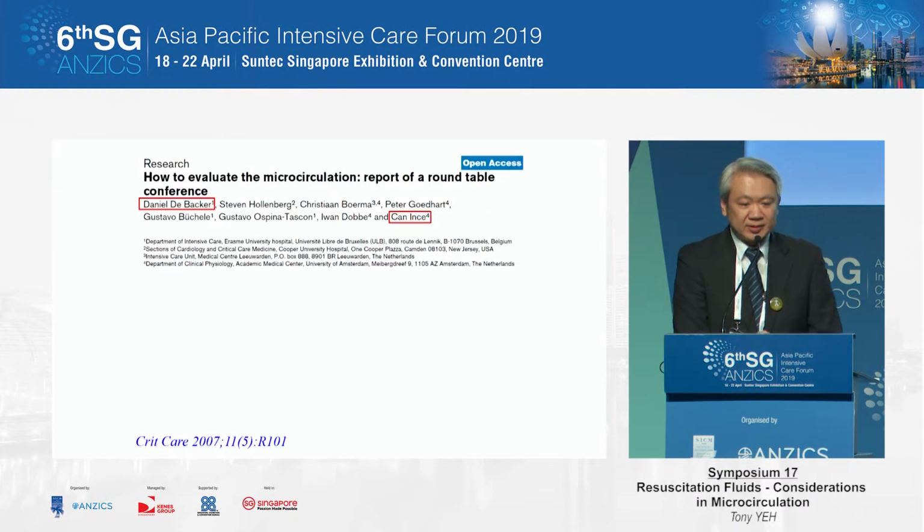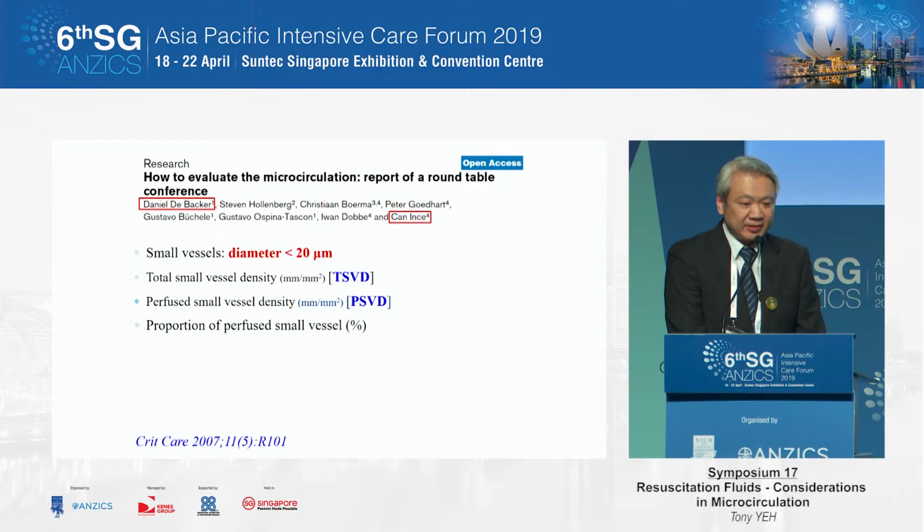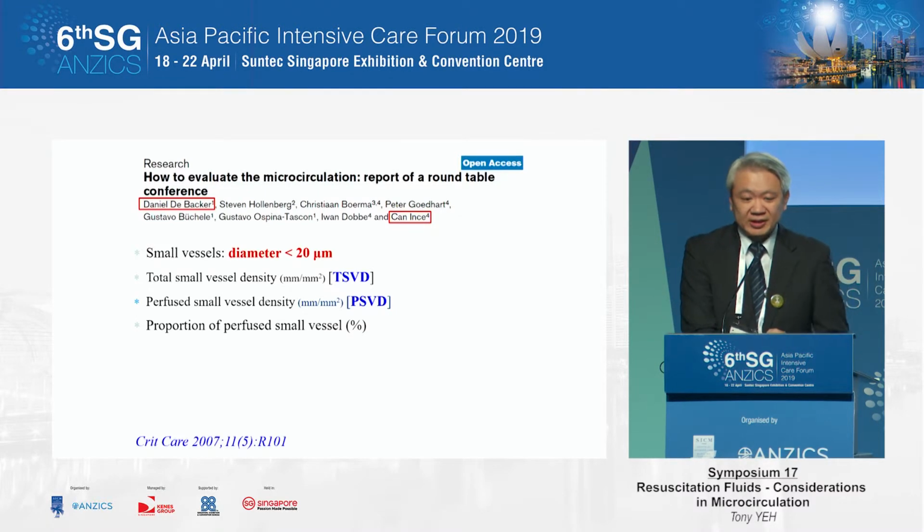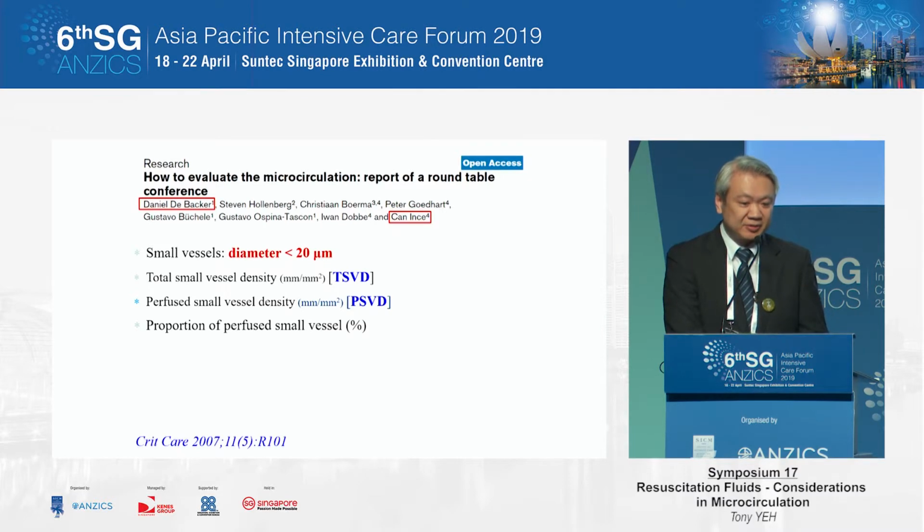These two professors are my good friends, so it's maybe my only conference of interest. They taught us how to evaluate microcirculation about 12 years ago. They say normally when you say small vessel, it means the vessel diameter is less than 20 micrometers. But actually I found that sometimes in their studies, they publish a diameter of less than 25.